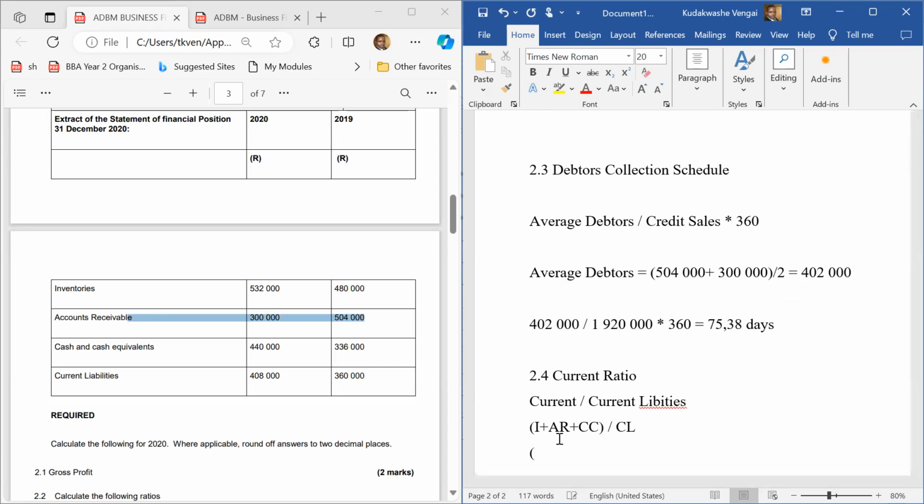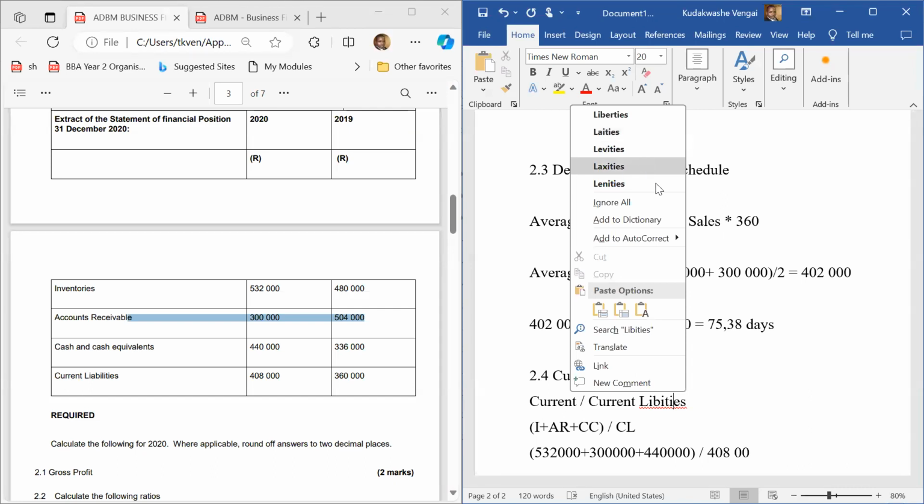Remember it's for 2020, so it's going to be 532,123 plus 300,123 plus 440,123, all of that divided by 408,123. And then you put that in a calculator and you get your final answer for the current ratio, right?